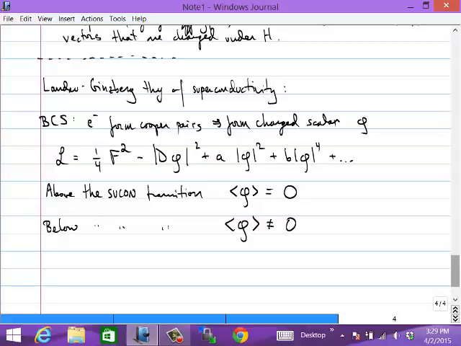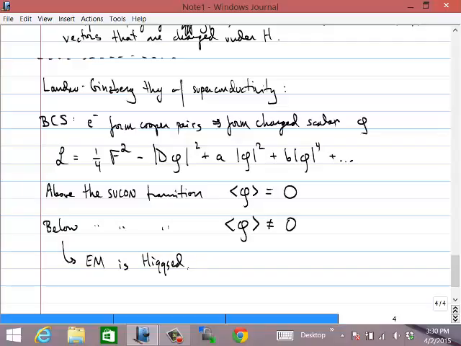And this scalar field would have to be massless when you expand around this value because of Goldstone's theorem. But now, of course, we're taking into account the fact that the scalar field is charged because it's formed of a pair of electrons. And so that means that below the phase transition, good old-fashioned electromagnetism is Higgsed. The electromagnetic field in a superconductor is massive.